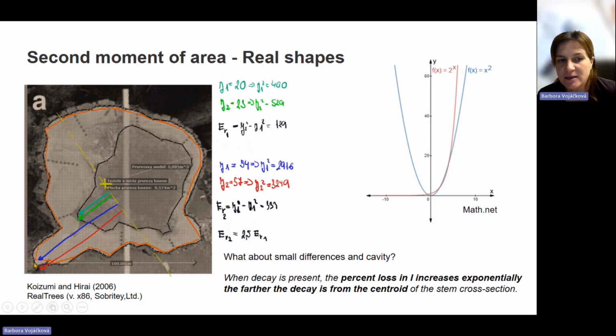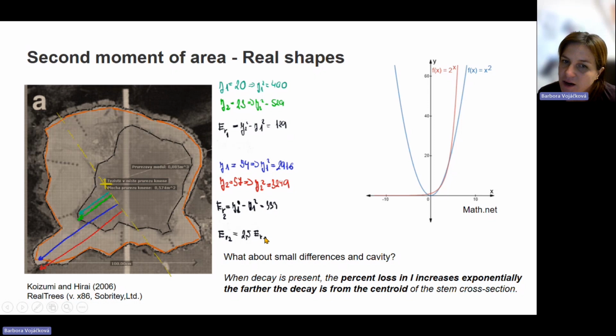I use this part as an example. So it's like 330. But here I have something imprecise. Let's say that I don't have a precise picture of the cavity. So I also make a mistake in the center of the stem in the cavity, and I compute the distance of the cavity edge and the distance of the higher cavity edge as two different ones. And I see that the difference here is only 125.